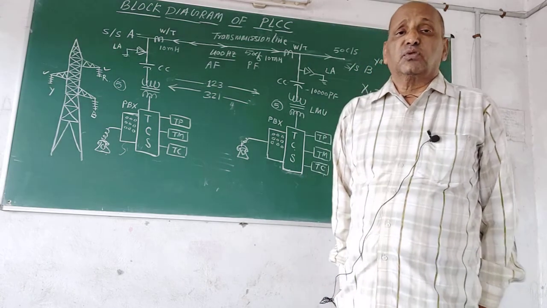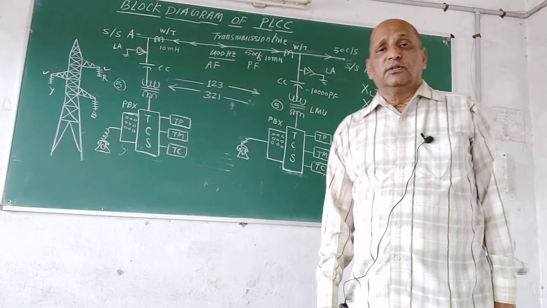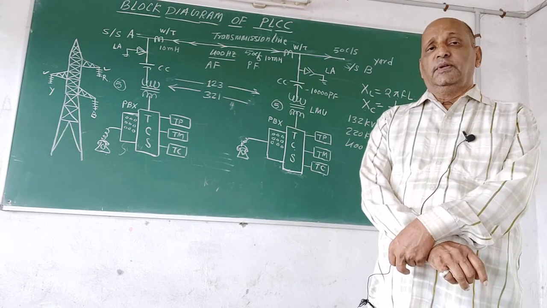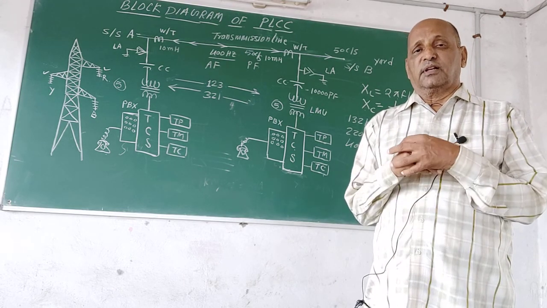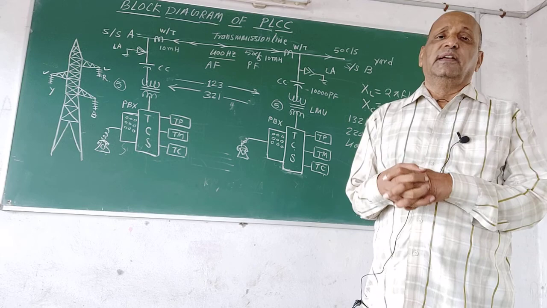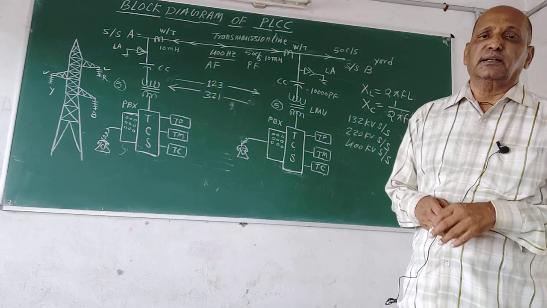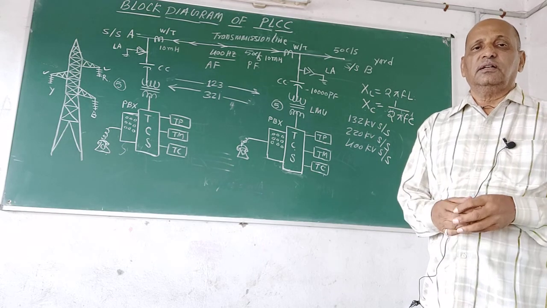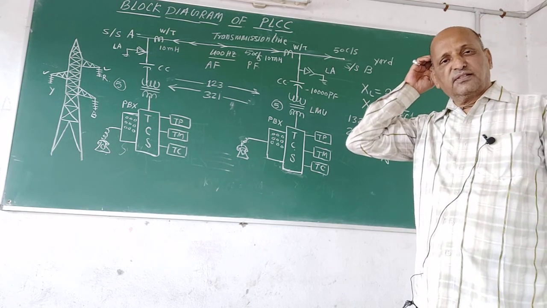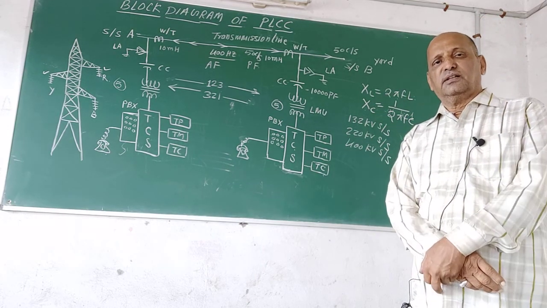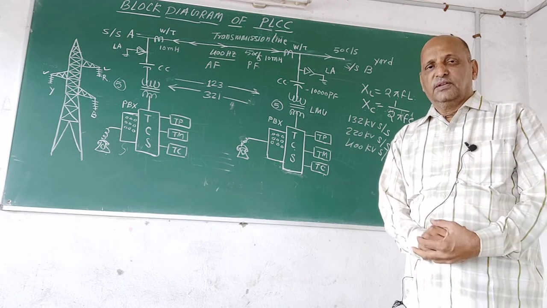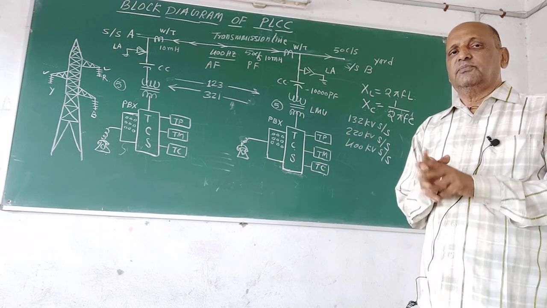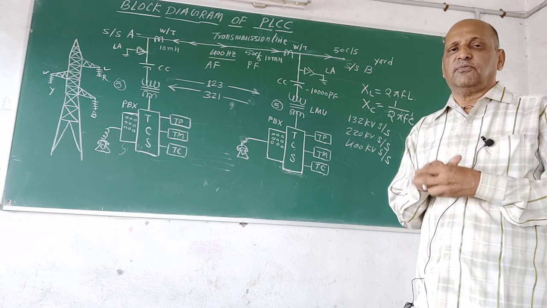So from time to time it is necessary to pass the information to all persons who are working in the substation, so that necessary steps are taken immediately as soon as any abnormal condition occurs. People working in the substation take immediate action for its rectification. So the information should be passed very fast.